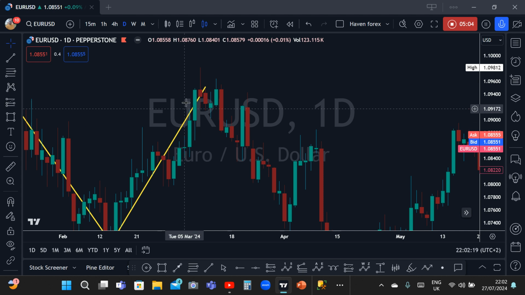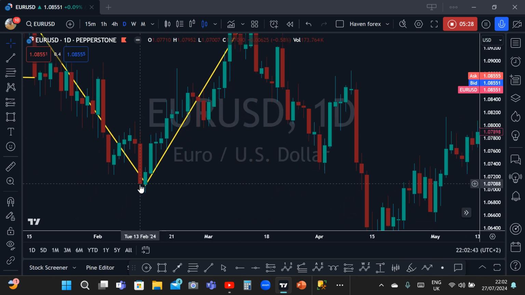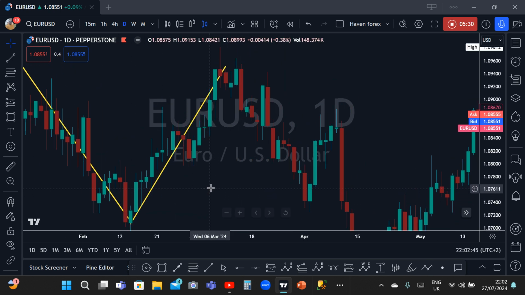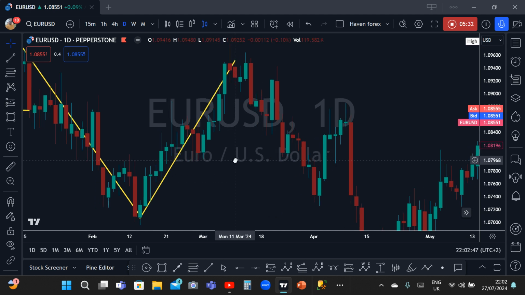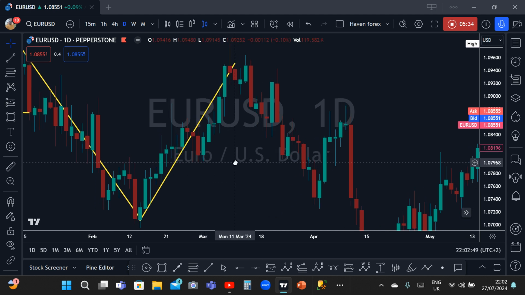There's a push to the upside, there is a correction to the downside. Now, for a correction to be established, when you're saying higher high, higher low, higher high, there has to be two opposite candle formations to the opposite side. Now, this is what I mean. It's not difficult. You guys should just watch me very closely and listen attentively.